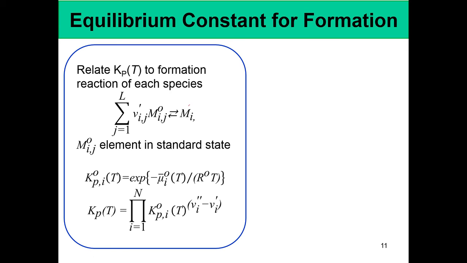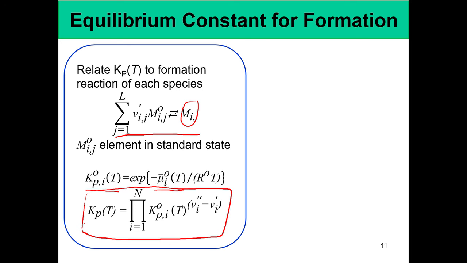That is, if we are concerned with a species Mi, say like CO2, we can write the formation of CO2 as C plus O2 goes to CO2, and you can define the Kp of that reaction itself, that is the reaction of formation, Kpi, and the purpose is to have a relationship of Kpi 0 and the chemical potential at the standard state, and by substitution you can obtain the Kp in this manner.